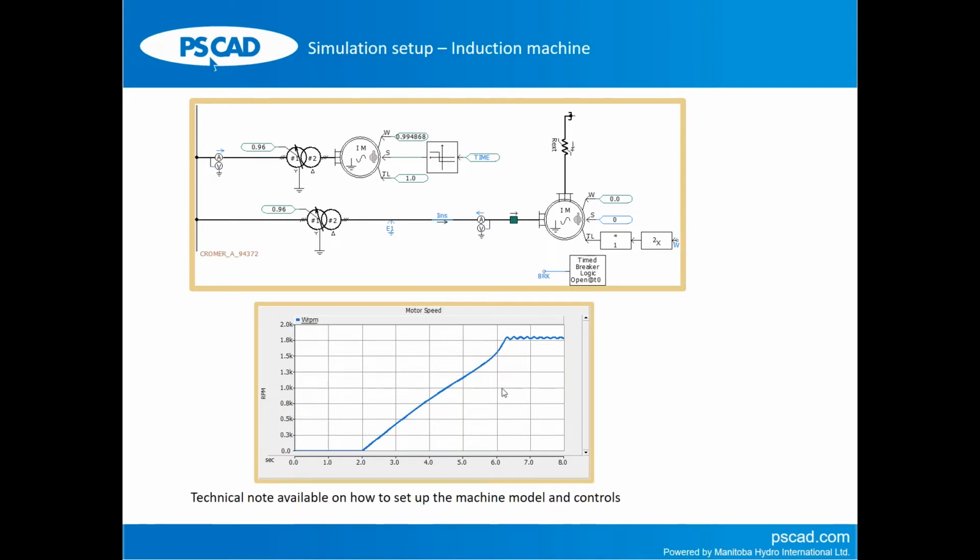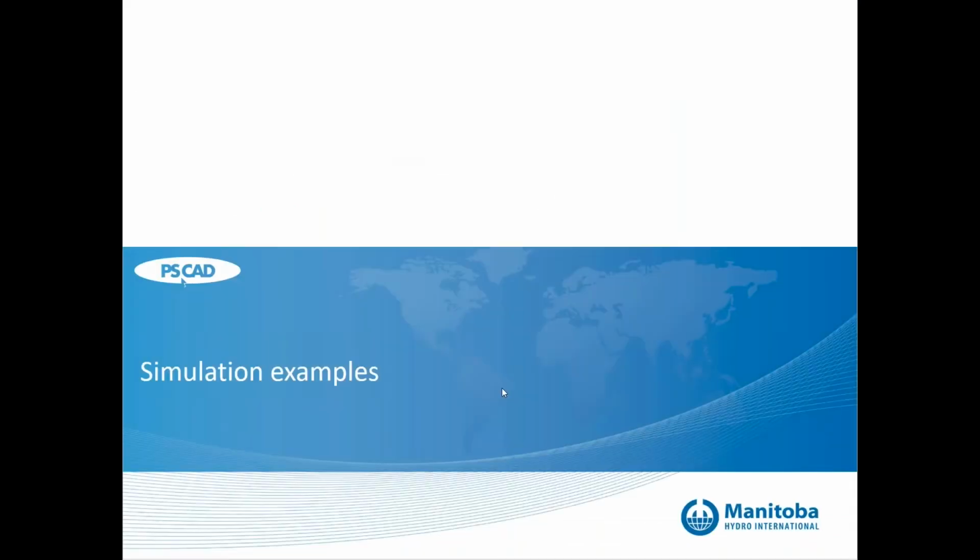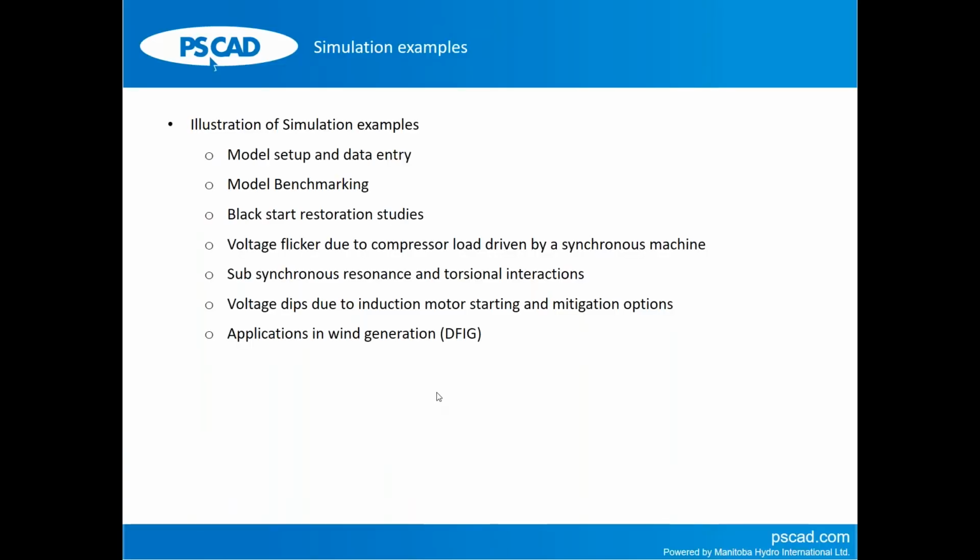So that's some background on machines. We will take a 1 minute break for me to have some water and get my thoughts together, and then next I will show you some simulation examples covering model setup, model benchmarking against RMS results, some examples where a synchronous machine is used for black start restoration studies, and an example where we studied voltage flicker due to a compressor.